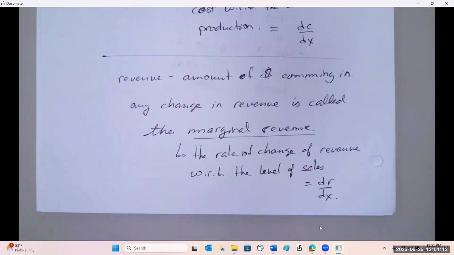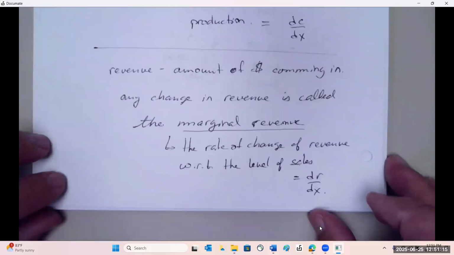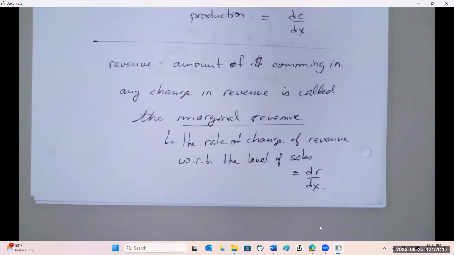This is a pretty example. What determines if you're going to make money or not? What about sales?